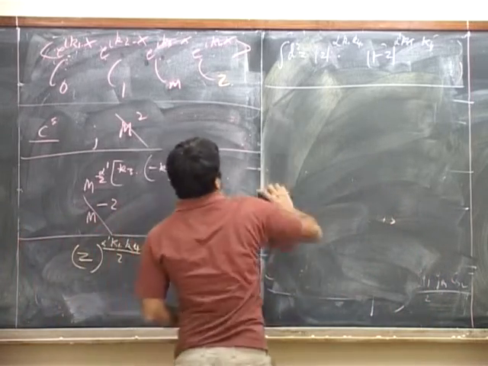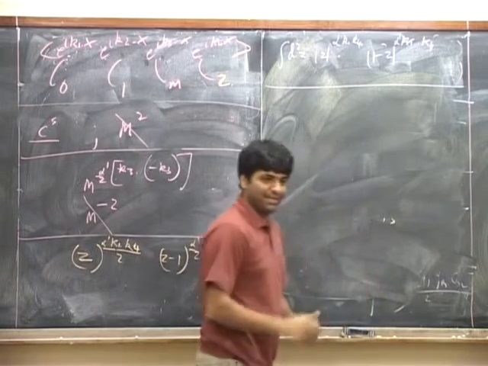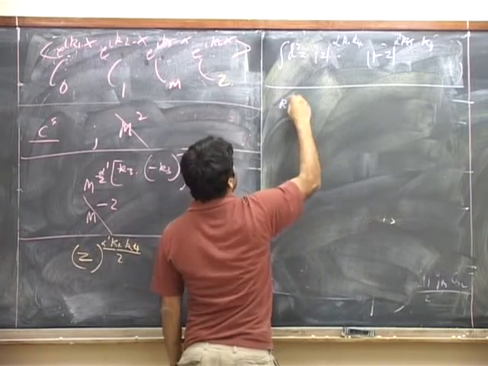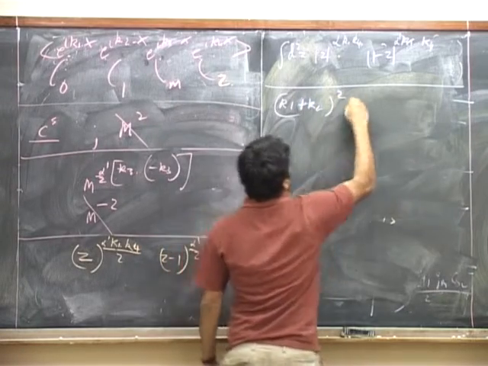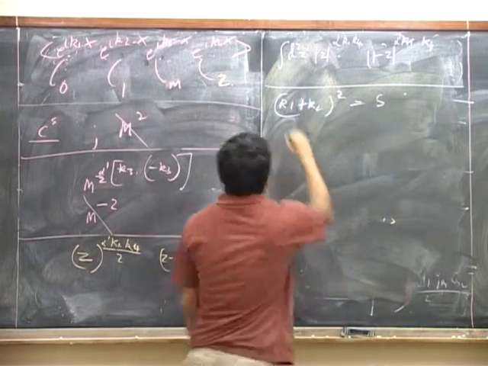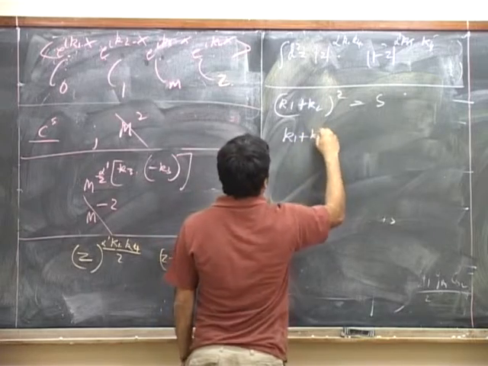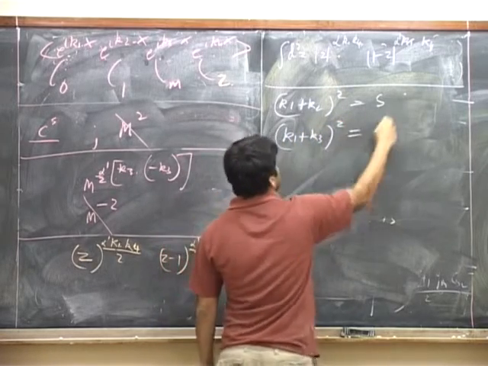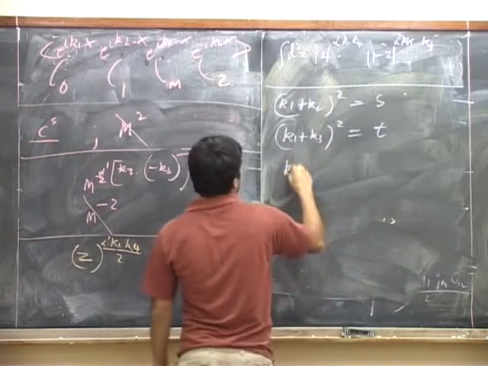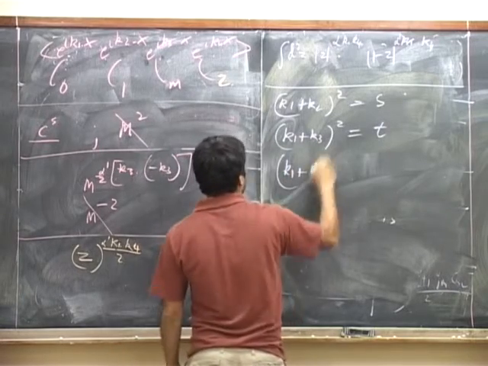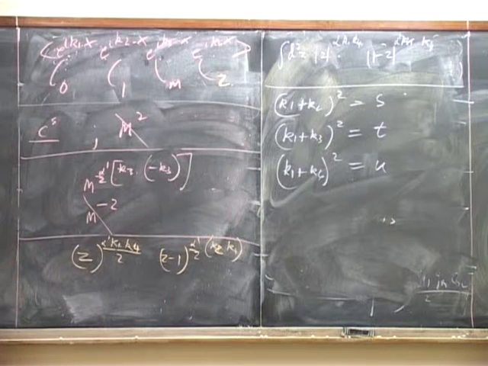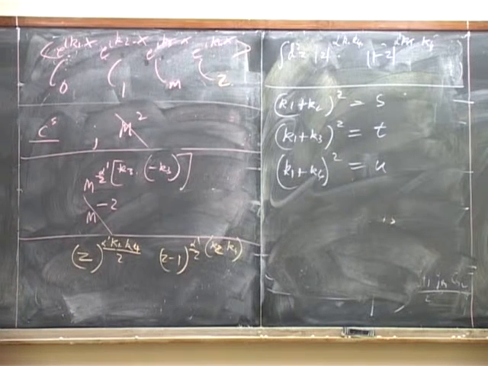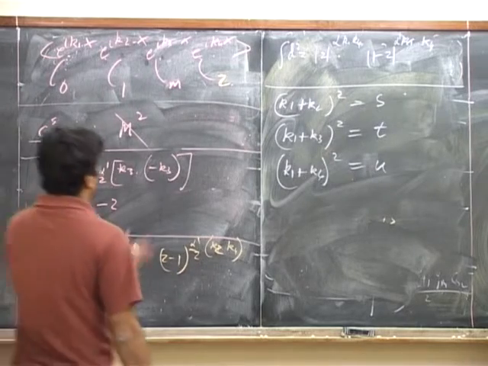But in order to write things symmetrically, we define k1 plus k2, the whole thing squared, equal to s; k1 plus k3, the whole thing squared, equal to t; and k1 plus k4, the whole thing squared, equal to u.